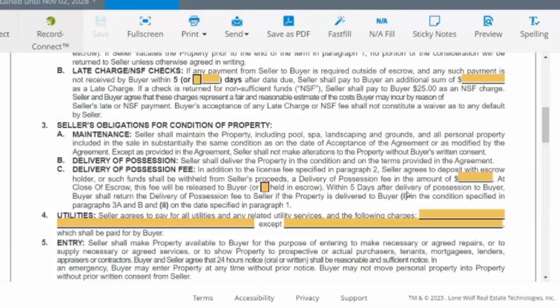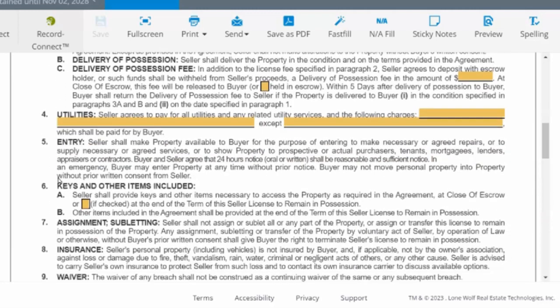Yeah. So, okay. And then utilities, a seller agrees to pay for all utilities, which makes sense because the seller is just continuing to live there, right? Then we have the issue of entry. Is the new property owner, the buyer, are they allowed to enter the property after it closes?